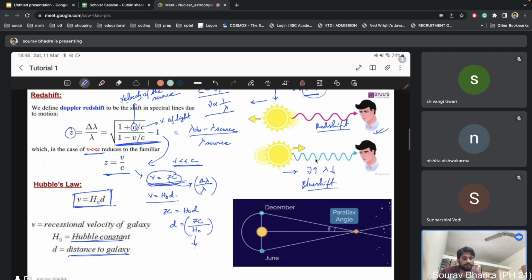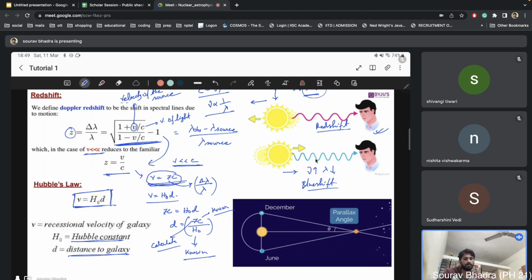So your H0 is known, this value is given as a fixed value. This c is also known, the velocity of light, and this Z you can calculate from the given redshift. So all the values on the right hand side you have in your hand, and by putting them in you can calculate the distance of the source which is emitting that light, which has been redshifted to a particular wavelength.